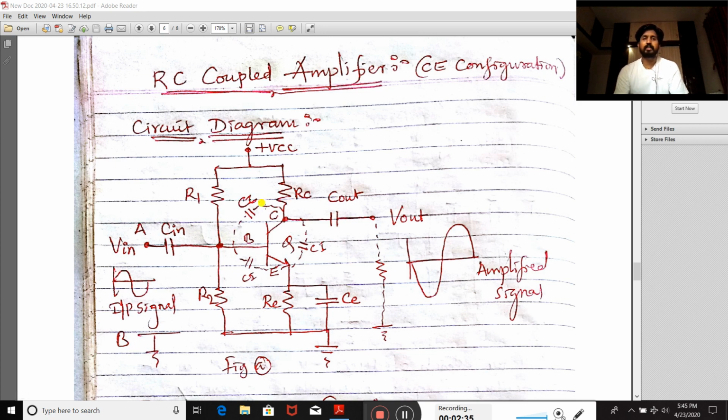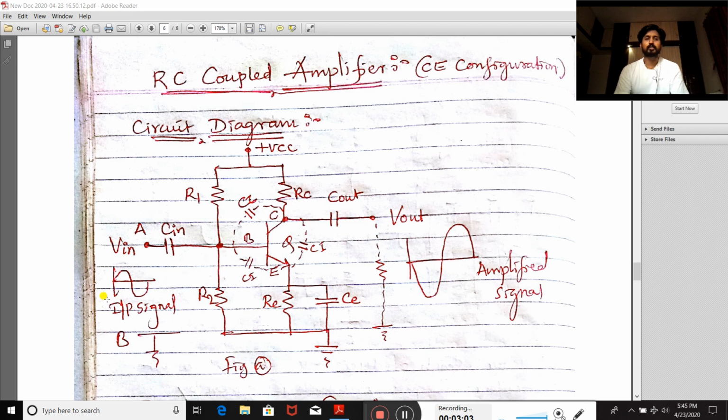In between these dotted lines I have shown, along with the capacitors denoted with CI, the inter-electrode capacitors, that I will explain later. So these are the construction points of the RC coupled amplifier in CE configuration. As we all know, the CE configuration is the proper configuration to operate a transistor as an amplifier.